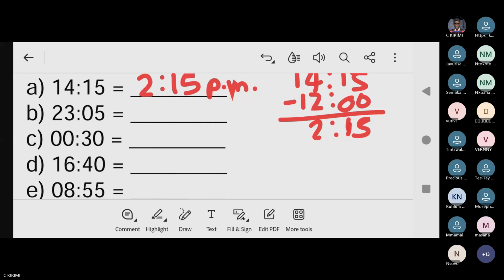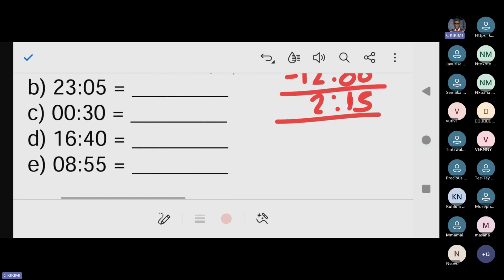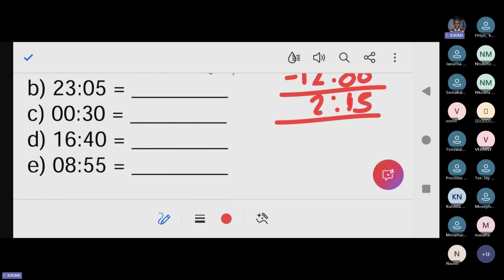23:05 in 24-hour notation, we are given that time in 24-hour notation, and we need to find the time in 12-hour notation. So which means it has passed 12 noon by how many hours? So we want to calculate.